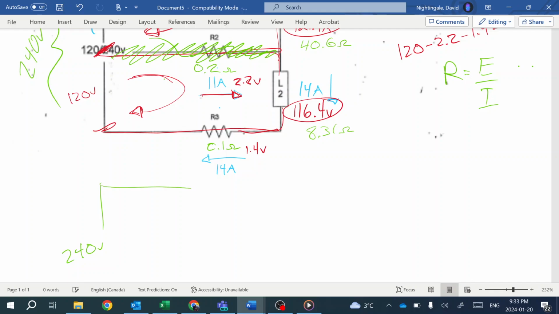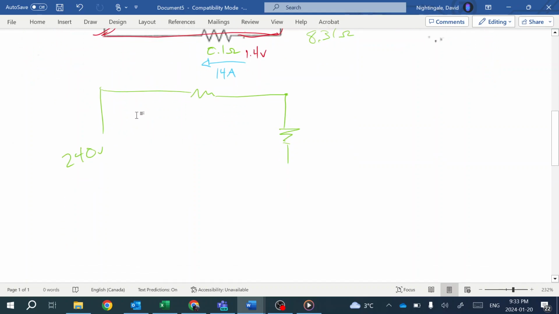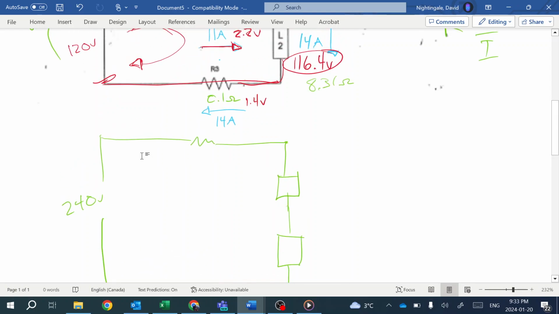So now we have a 240 volt source with a bit of line resistance. Our load 1, actually we'll draw it in like it was before. Load 2, bit of line resistance, and there we go.